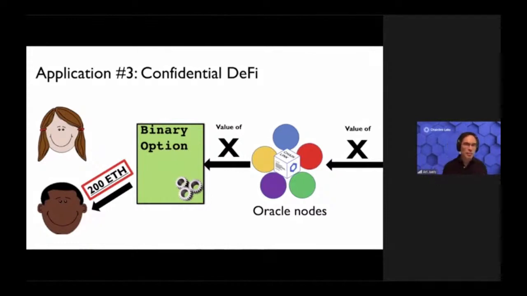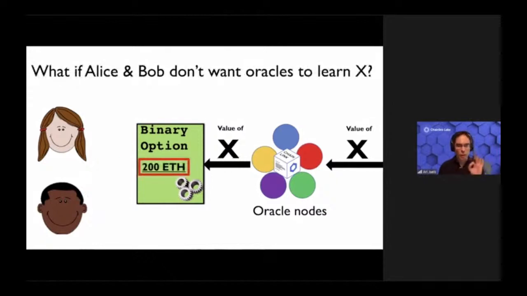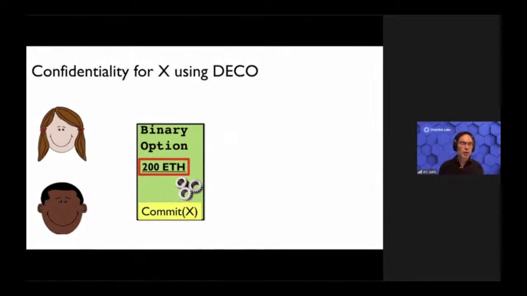But what if Alice and Bob don't want the Oracle network to learn what X is, what asset they're betting on? What they can do is the following. They store in the smart contract a commitment, a cryptographically concealed representation of X, along with the contract terms, in other words, the terms that determine who wins the bet.